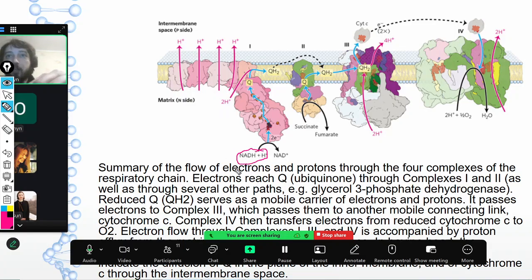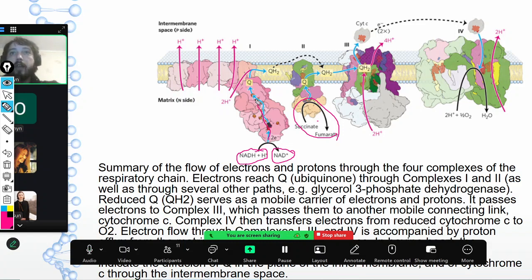What's happening here? So here you see NADH plus H plus coming here and NAD plus generated. Here you see succinate to fumarate transformation, and that's all. So these are chemicals that come here.